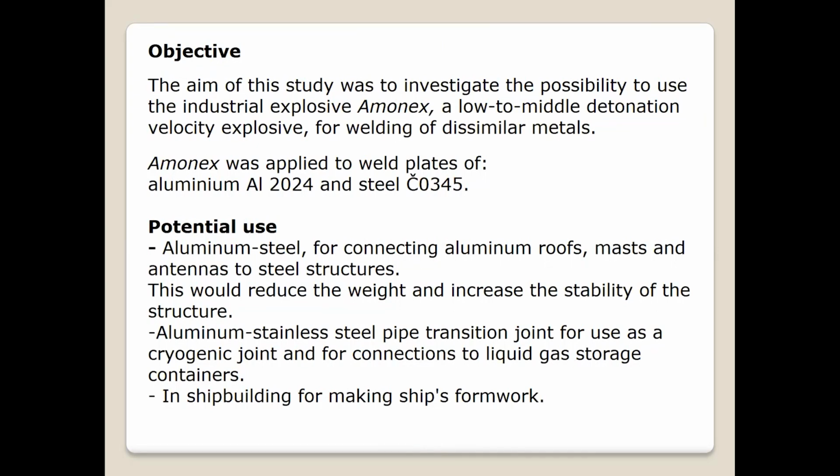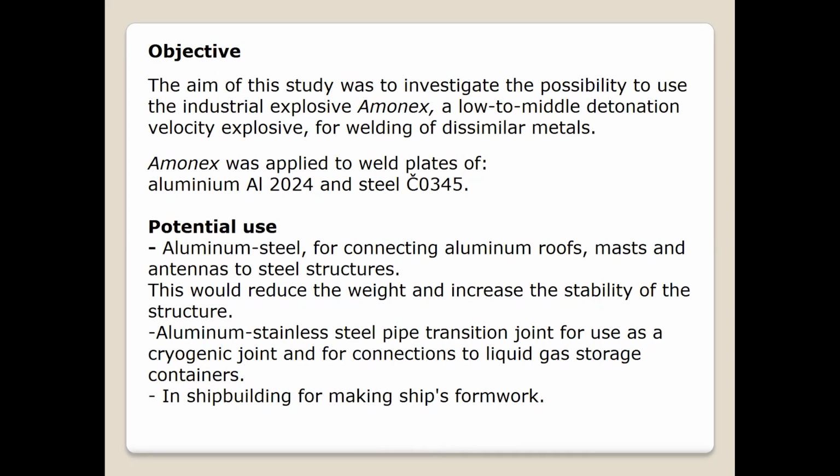In our study, we have tried to use the explosive Amonex, which is an industrial explosive, most often used in mining, which has a lower to middle detonation velocity, to weld two different metal plates. One was aluminium 2024 and the other steel 0345.